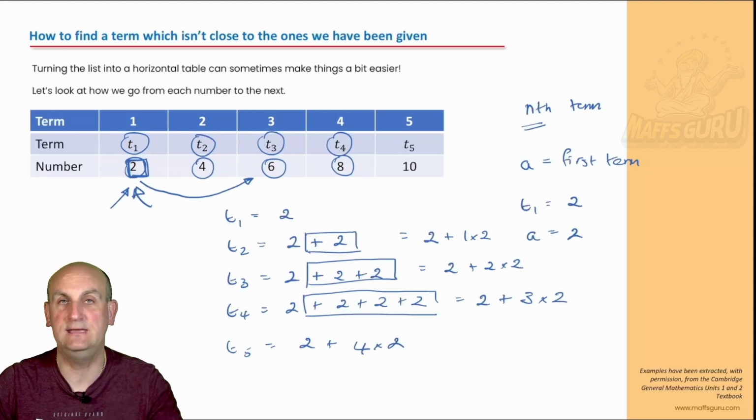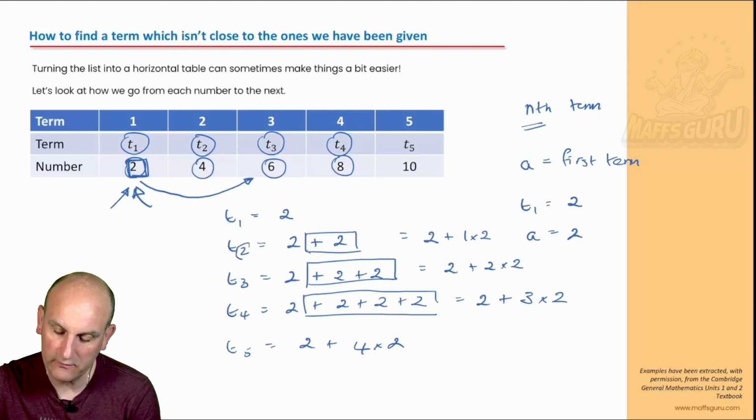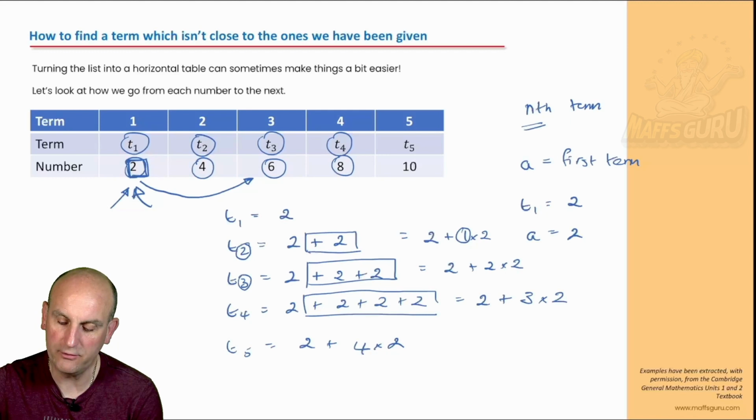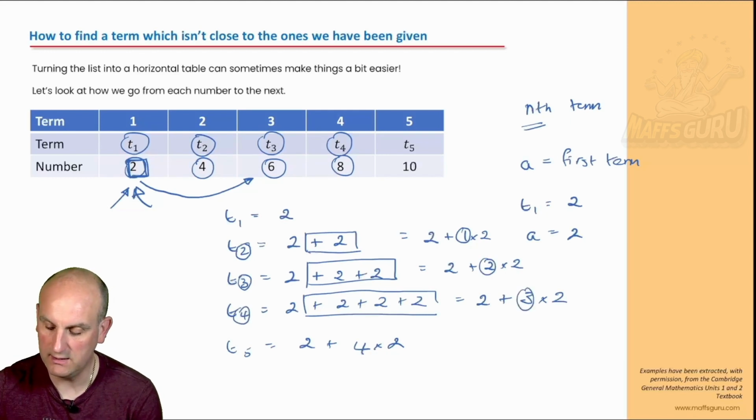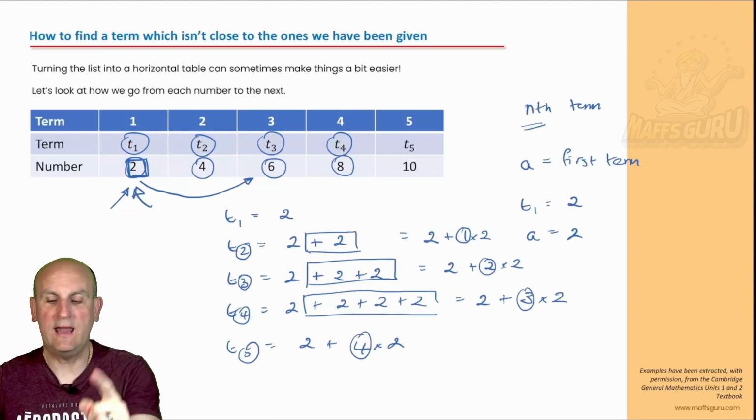And you're going to say, okay, yeah. The point is this. What did you notice about this little number here, 2, and that number there? What about 3 to 2, 4 to 3, 5 to 4? They're always one less.